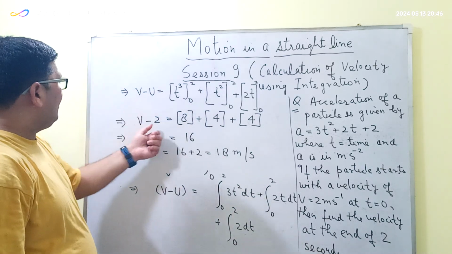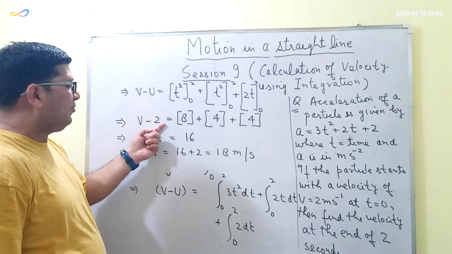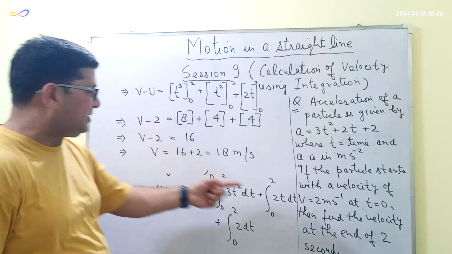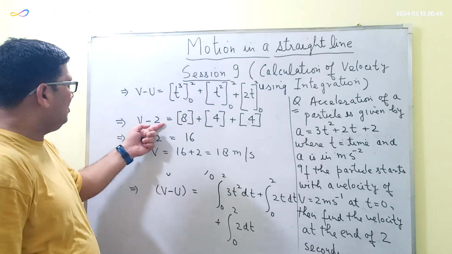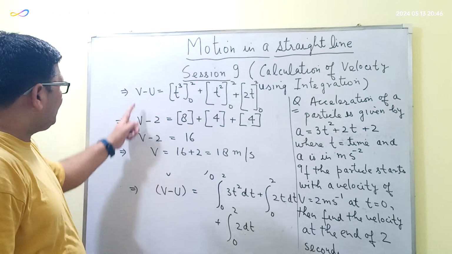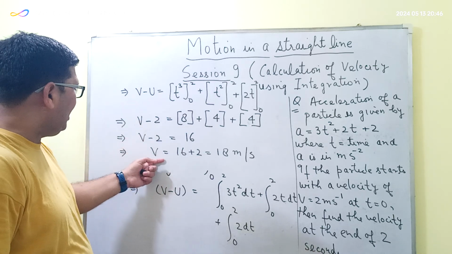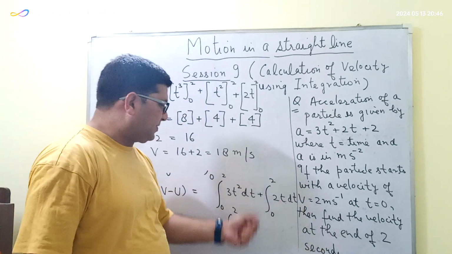We have substituted the value of u as 2 meter per second, because at t equal to 0 the velocity was 2 meter per second. So finally we have got the value of v, which is equal to 18 meter per second.